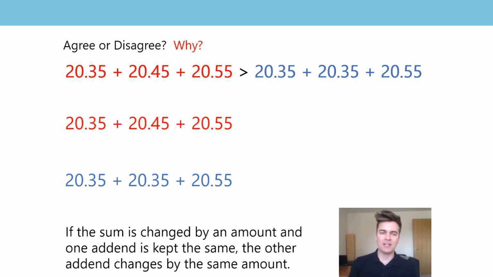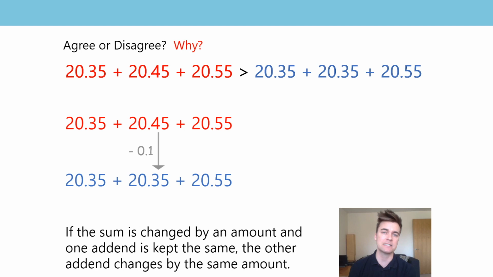Now that I've arranged the two parts of the inequality in this order, it's easier for me to look and see what's the same and what's different. And I can see that two addends are the same. 20.35, 20.55. I can see one addend has changed from 20.45 to 20.35.